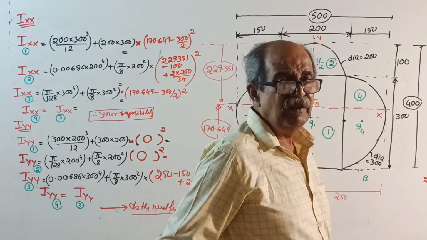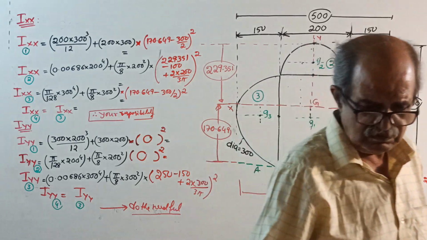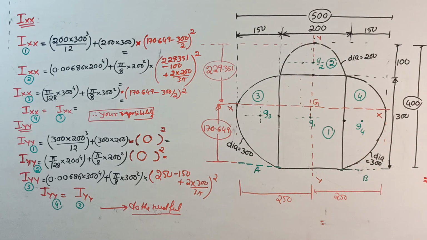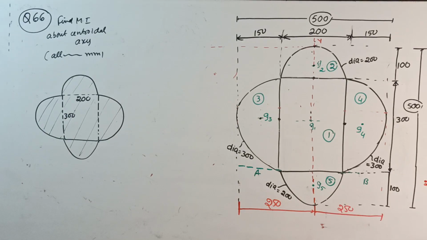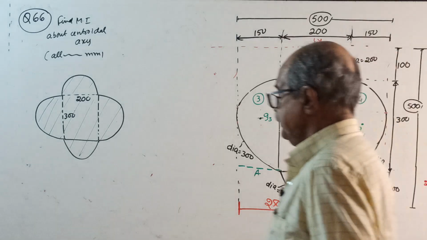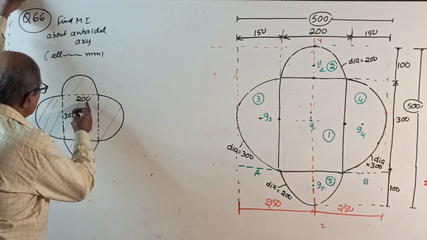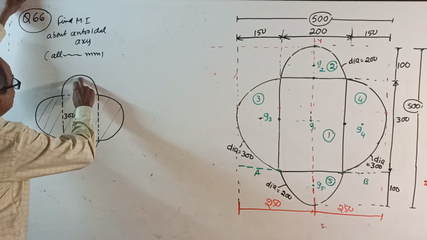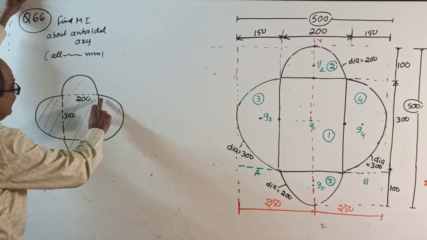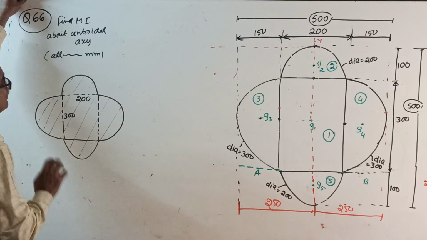Now I will go for question number 67. Very easy question. I will write the question and start. This is one of the easiest questions, same as the last question: 200, 300, one semicircular, same semicircular, one semicircular, one semicircular.